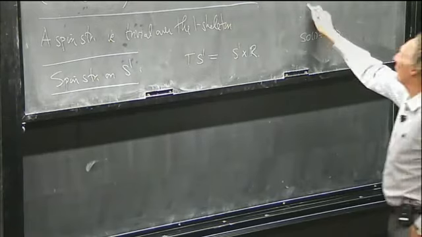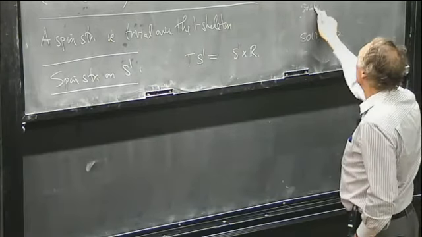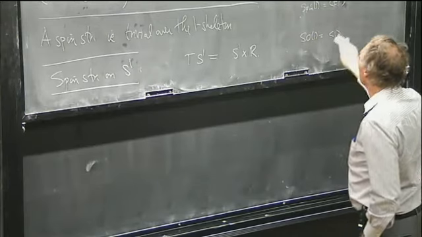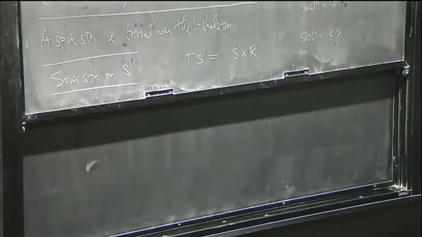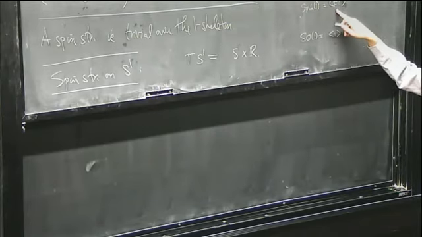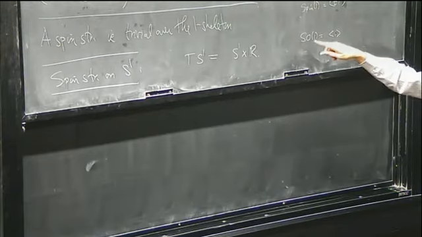But Spin(1) is the square roots of 1. So I'm looking now for a bundle with structure group plus or minus 1 whose square is this bundle.